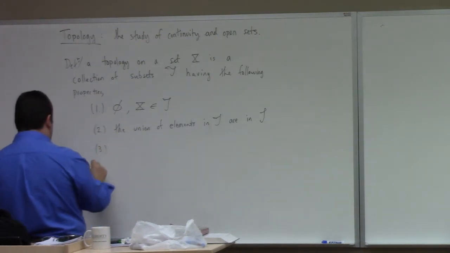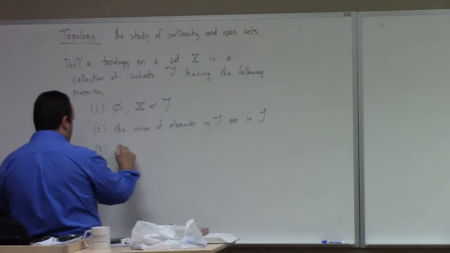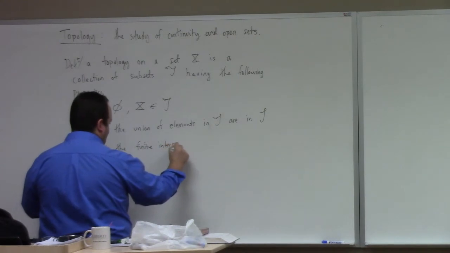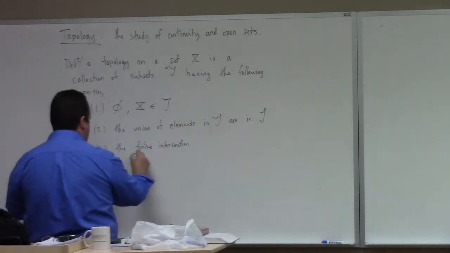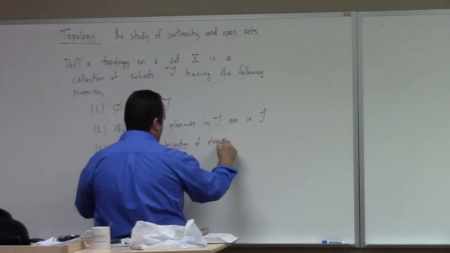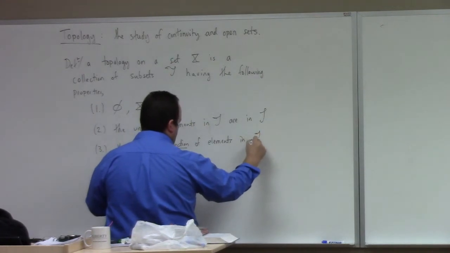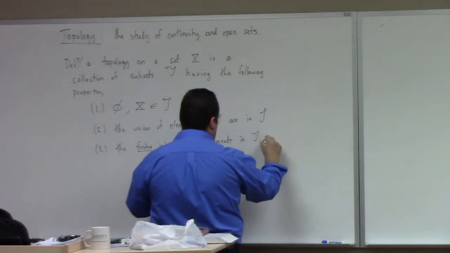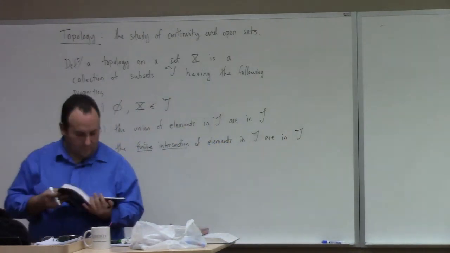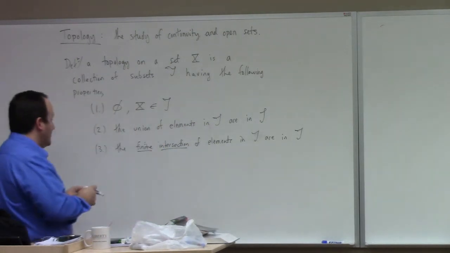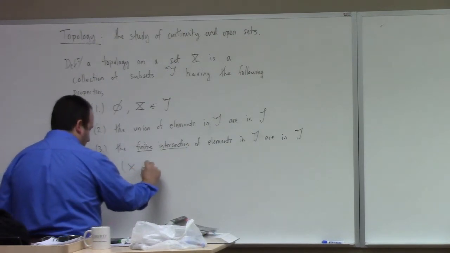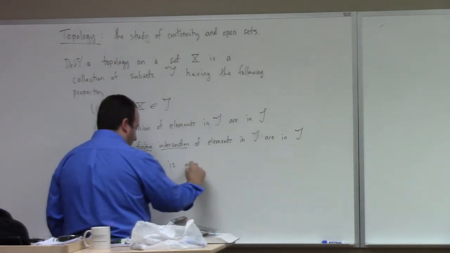Number three, the finite intersection of elements in the topology are in T. All right. So, generically speaking, we say X paired with tau is a topological space.